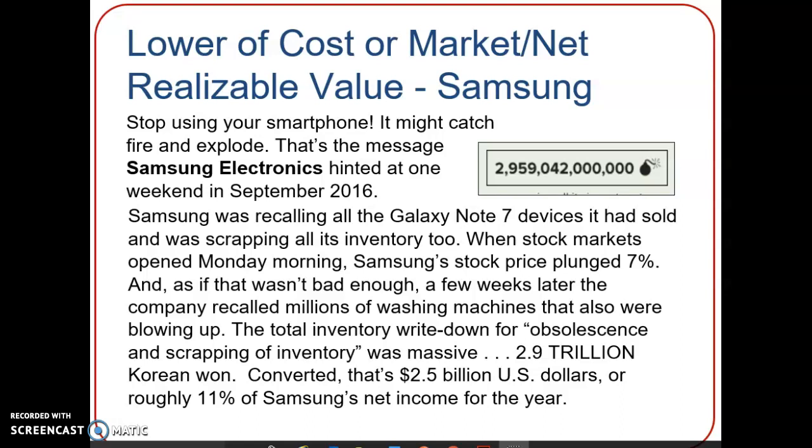One example was a couple years ago, Samsung Electronics had some issues with its phone. That's the new phone at that time, Galaxy Note 7.